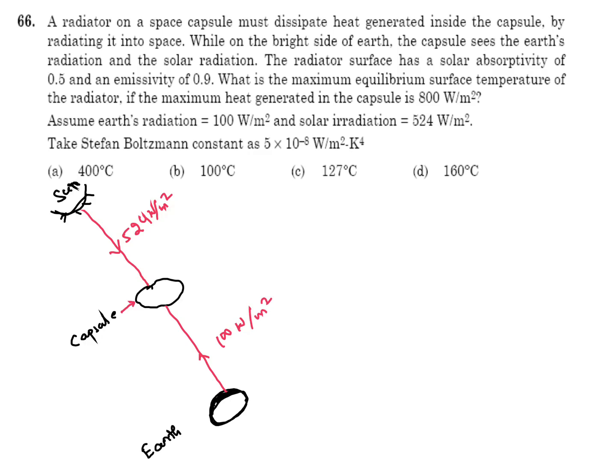We have to calculate Q total to the outside from the capsule. Absorptivity alpha equal to 0.5 and emissivity is 0.9. Stefan Boltzmann constant sigma equal to 5 into 10 to the power minus 8 watt per meter square Kelvin to the power 4. So Q total we have to calculate.